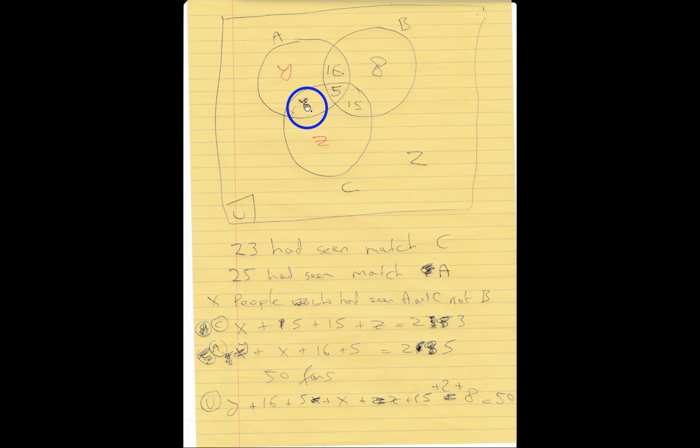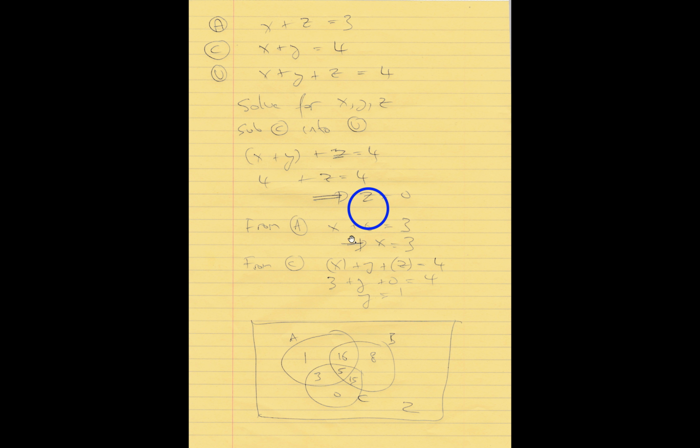You had to use that to convert those into equations, and then once you had that, you can do a bit of simple manipulation to determine what the x, y, and z is. And once you've done that, you've ended up with a standard Venn diagram, and then you can answer the questions by reading off the different parts of the circles or where they intersect. So the key part is converting all the information into a format you can put on the Venn diagram.